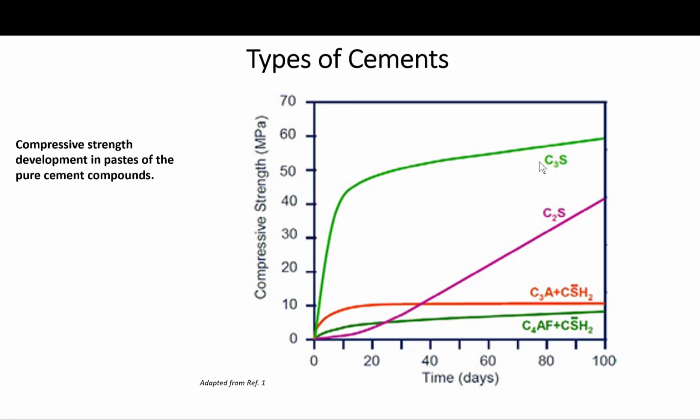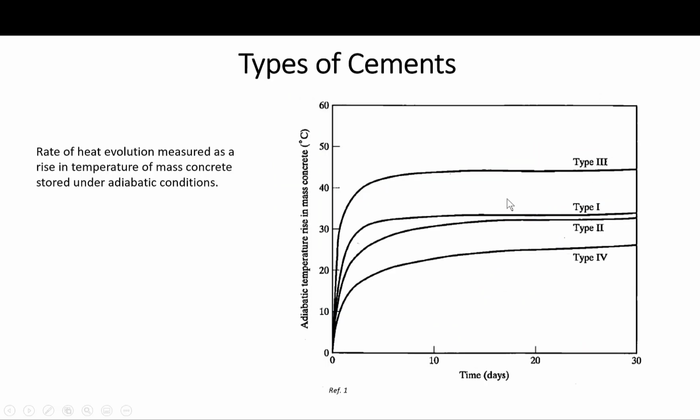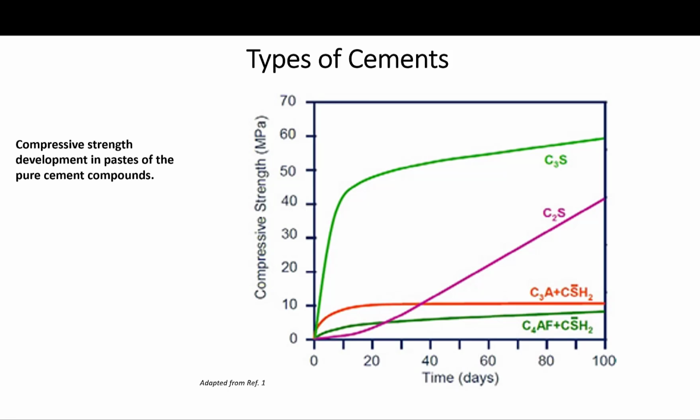C3S provides most of the early strength, as you can see, in the first 3 to 4 weeks, right here. And C3S and C2S contribute equally to the ultimate strength, as you can see somewhere here. Oh, let me go back, sorry. The contribution of C3A and C4AF is very low, as you can see. And I mentioned this before also.